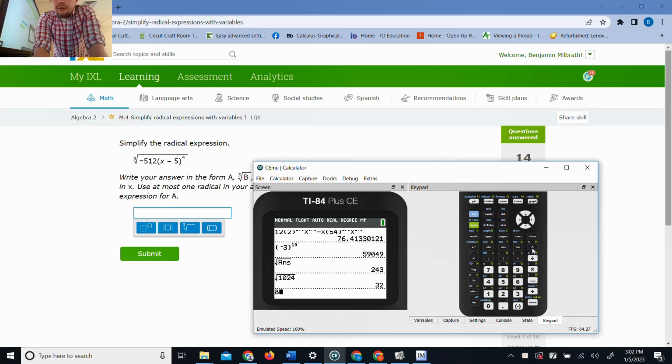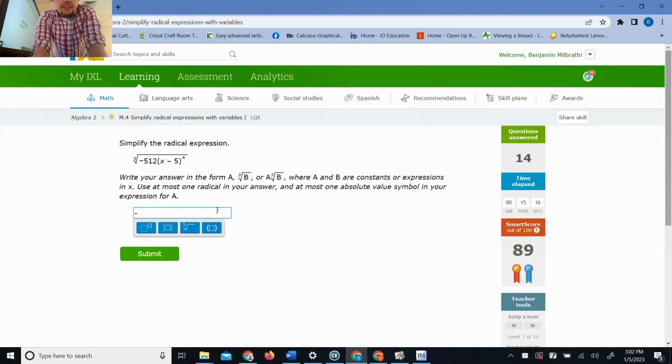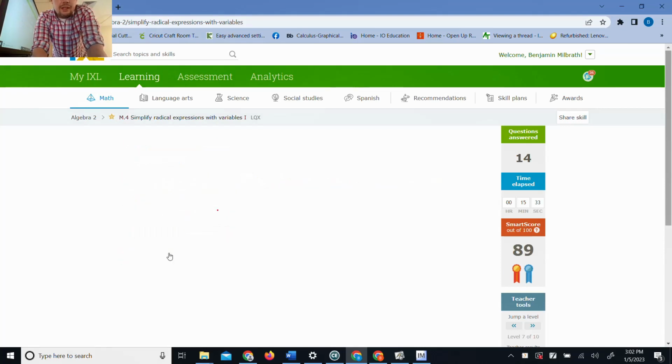But if I take 8 and raise it to the third power, I get my 512. Because of the negativity, negative 8. If I take 4 and divide it by 3, I would have x minus 5. And now I need that cube root function, because what's left inside is a singular x minus 5.